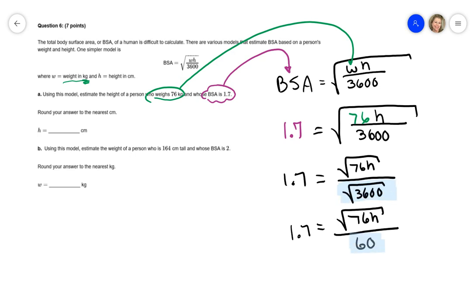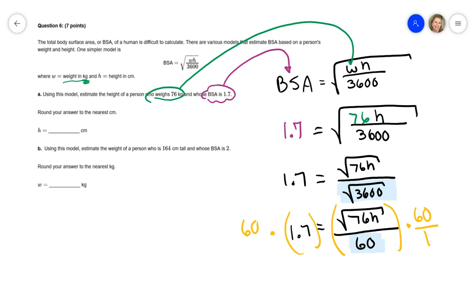Now, you're trying to solve for h, and h is trapped underneath that radical. So the first thing I need to do is get rid of that fraction. So I'm going to take both sides of the equation and multiply times 60, because this 60 is like 60 over 1.